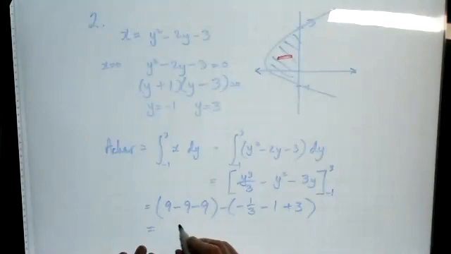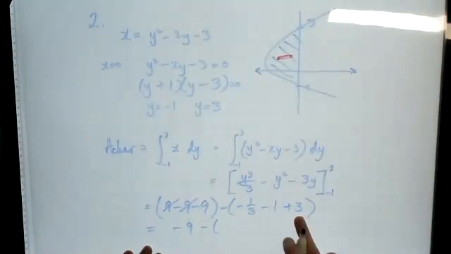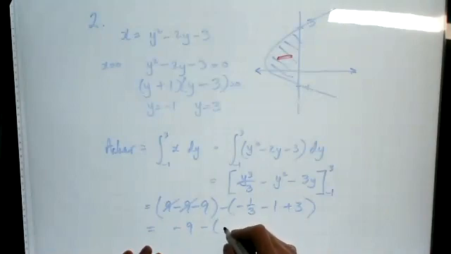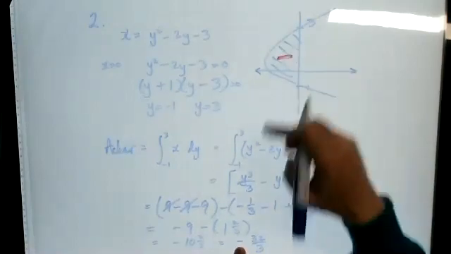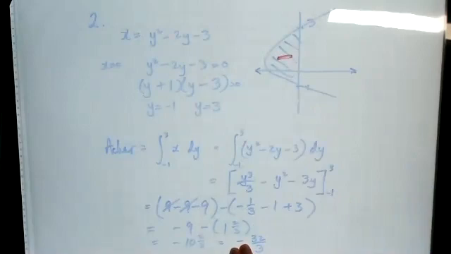Okay, so the result is minus 10 and 2/3, which is minus 32 over 3. Because it's to the left of the axis, we get a negative answer, but the area is 32 over 3.